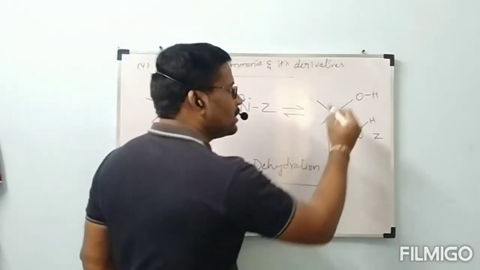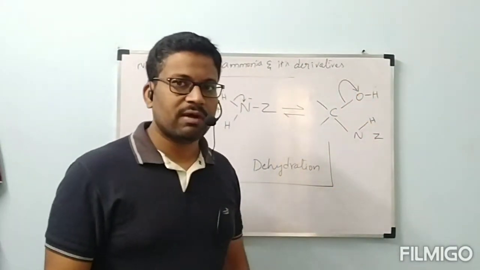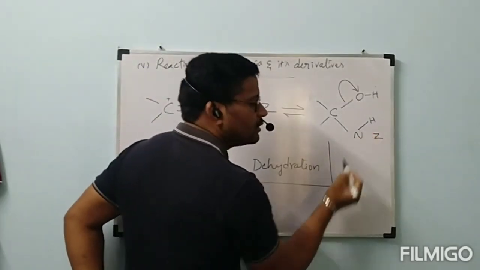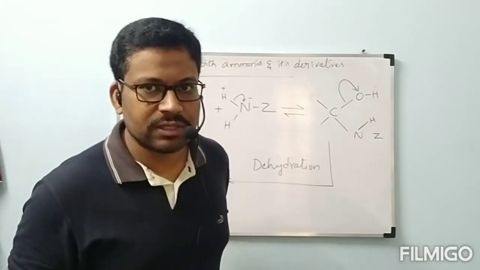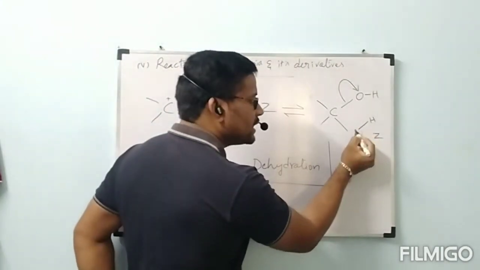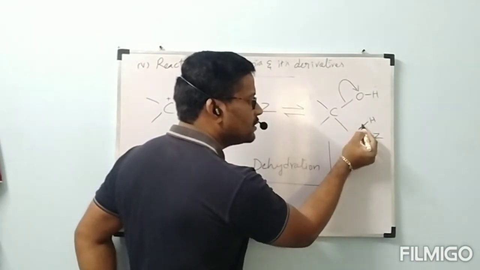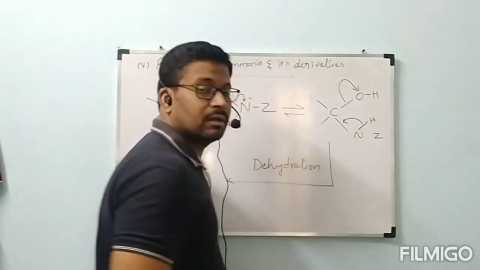Now, this bond will be shifted as O minus to be formed as OH minus. Next, this NH bond, which is more electronegative between nitrogen and hydrogen? Nitrogen. This is shifted towards nitrogen as N minus now. Immediately that N minus will be shifted as a double bond, so this bond is shifted as C double bond.